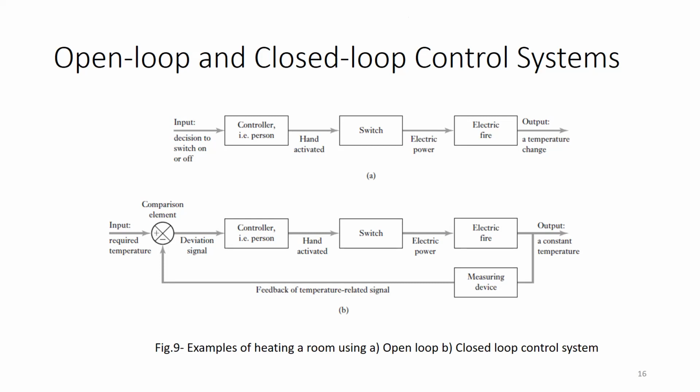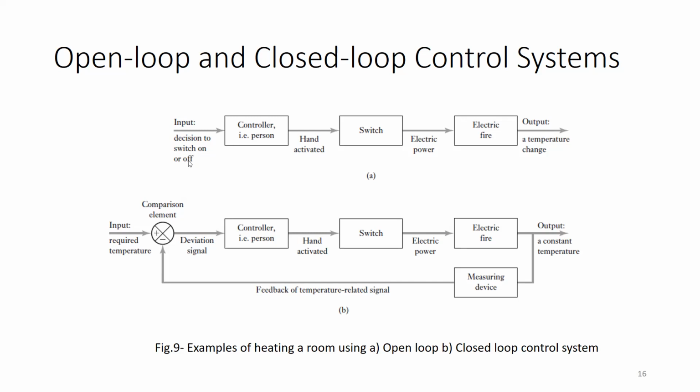So example of a heating of a room with or without the feedback system, how it is working. Now input is the decision to either switch on or off the heater, है ना? आपने अब हीट रूम में हीटिंग करनी है तो ह्यूमन ने डिसाइड करना है कि आइदर मुझे ठंड लग रही है तो मैंने हीटर ऑन करना है, अगर मुझे ठंड नहीं लग रही तो मैंने हीटर को ऑफ कर देना है.